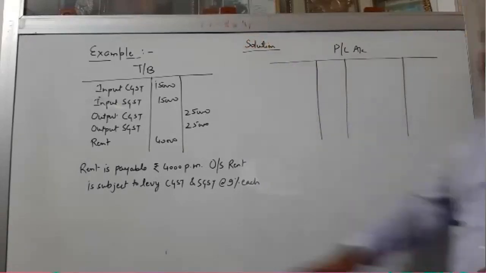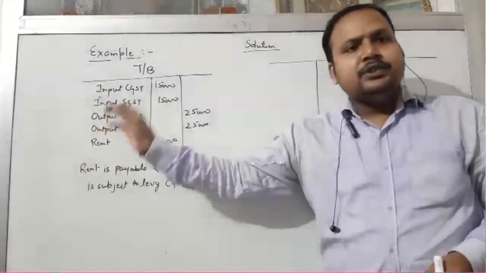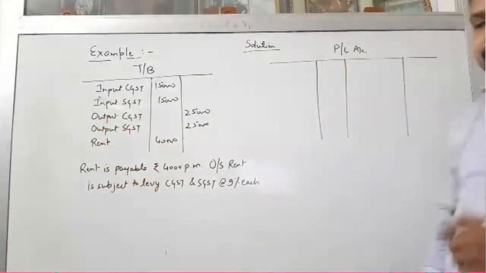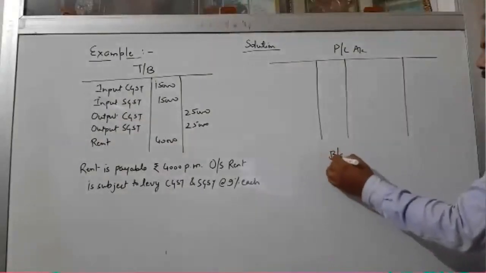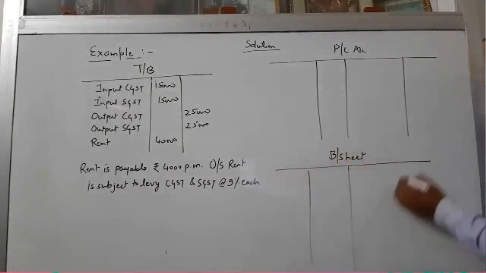Because you know very well rent is a part of the P&L account and output CGST, output SGST, input CGST, input SGST, all these are part of the balance sheet. So we have to prepare two things: firstly the profit and loss account and secondly the balance sheet of the sole proprietorship.